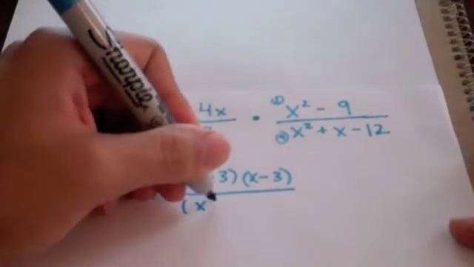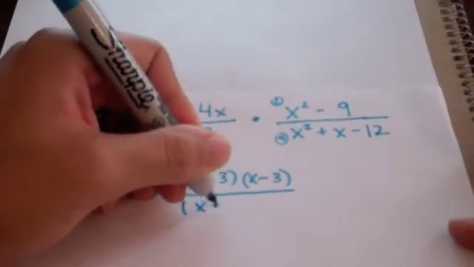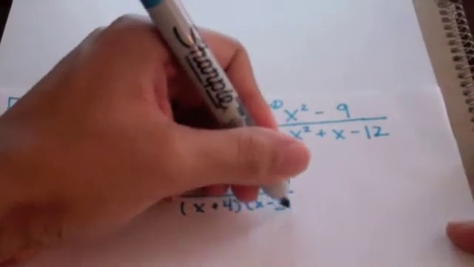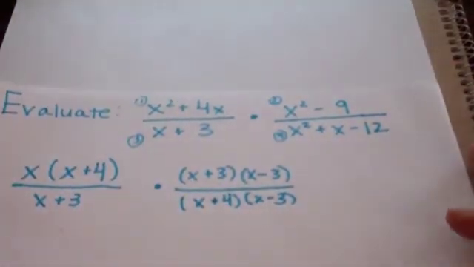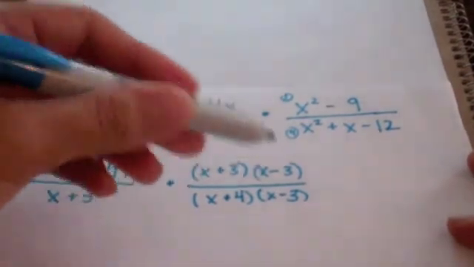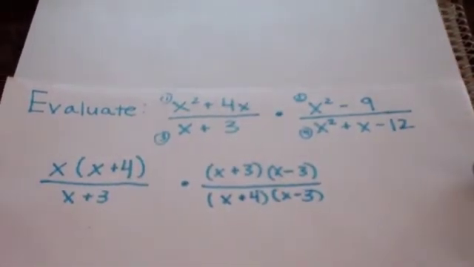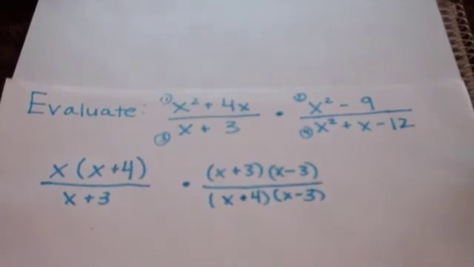So we have our x plus 4 and x minus 3. And if you're ever unsure about your factoring, remember we can just FOIL and multiply it out and it should work. I'm not going to do that in this video. I have other videos up on factoring, so if you need to review that, please check those out.